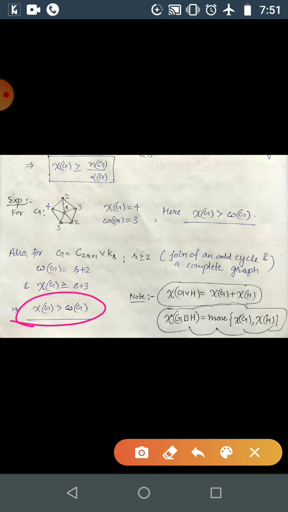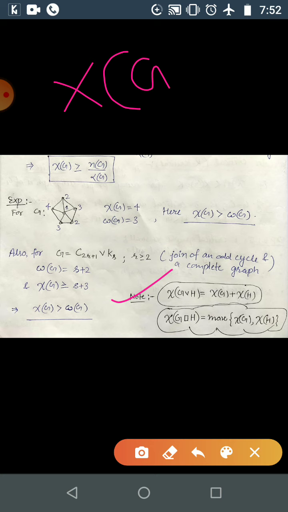You can also remember this: the chromatic number of the join of two graphs.